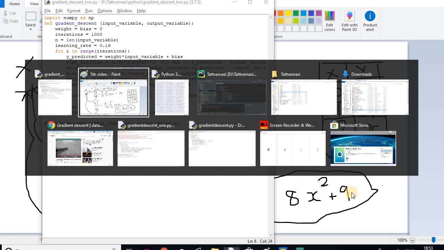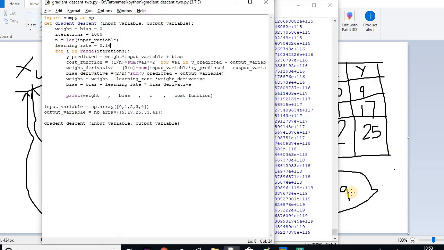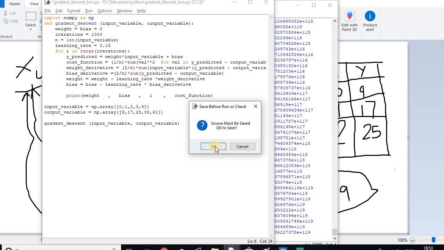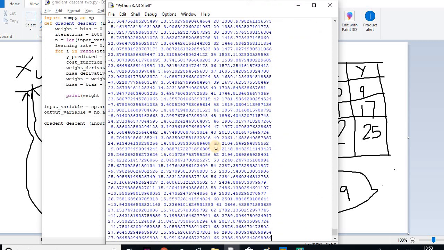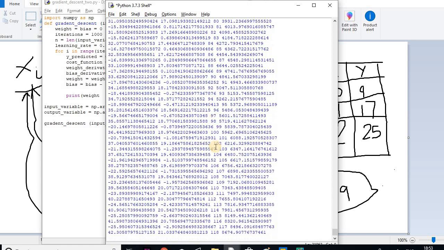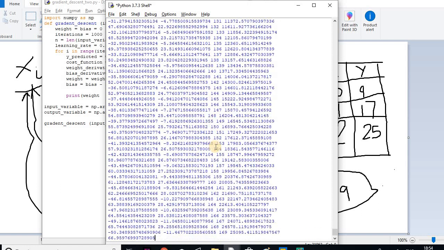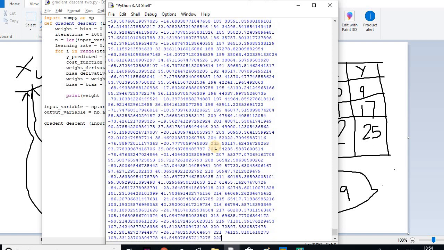So it's nowhere near. Let me change 0.16 to 0.15. Let me run the program. So I am running it. It is 0.15. Now let me see how the cost function is working.